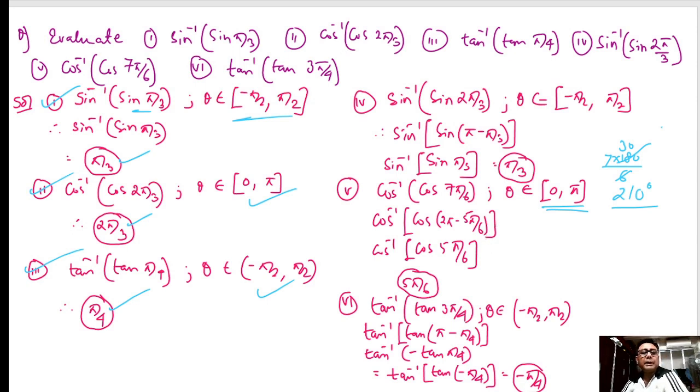Now 5 pi by 6 is definitely between 0 to pi: 5 into 180 by 6 gives 150 degrees, and it is definitely between 0 and 180 degrees. So this is acceptable.